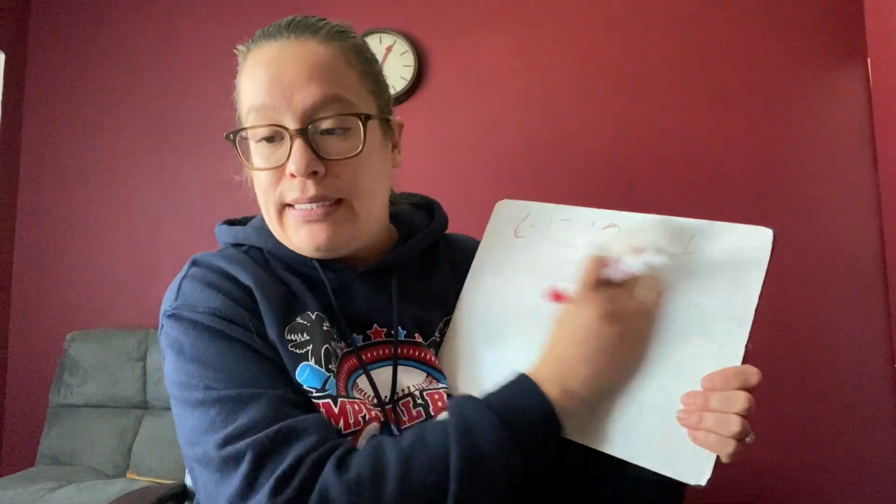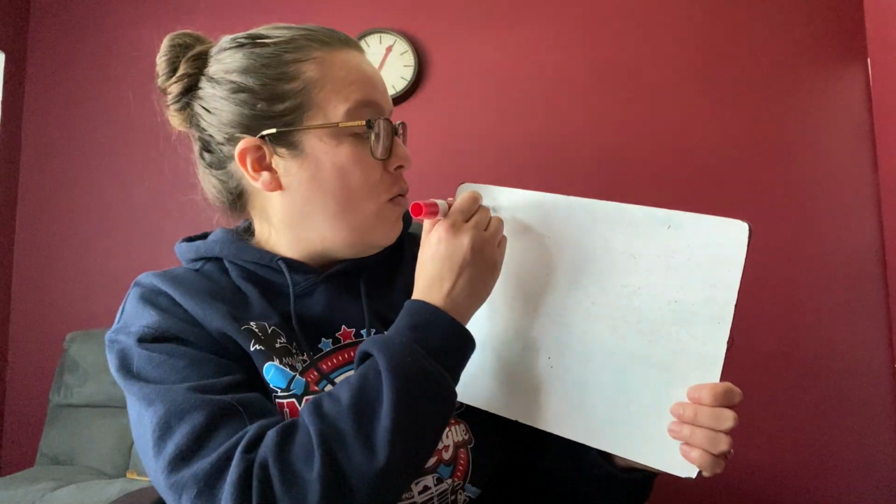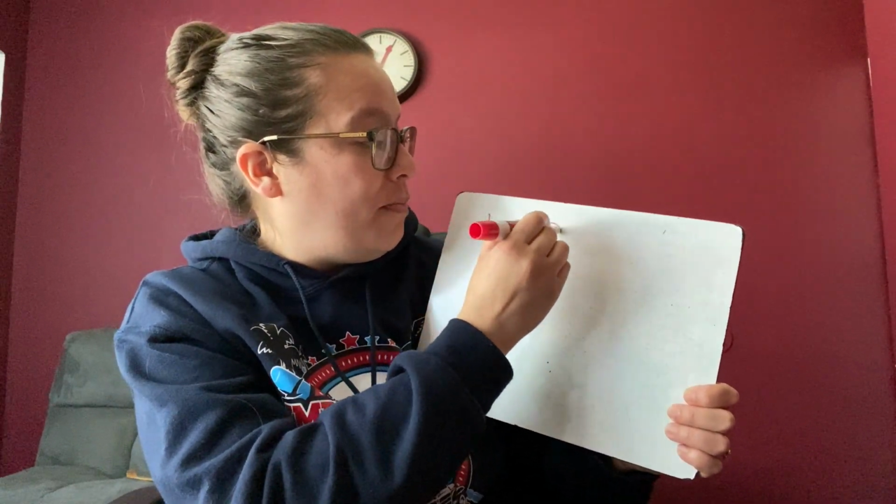Going on to the next example. Example 3 says 12 is a multiple of which whole numbers? So in this case, you need to figure out what numbers give you a total of 12 for a multiple. So you would see that 1 times 12.